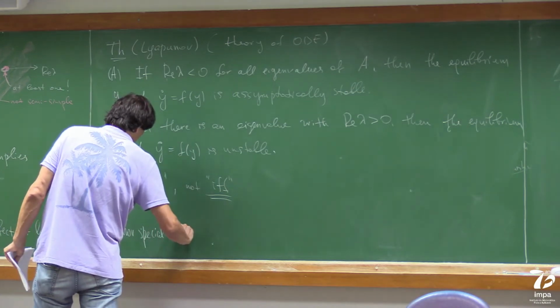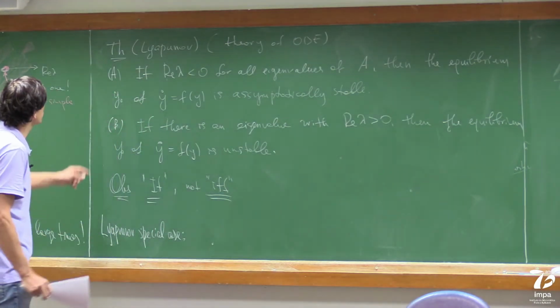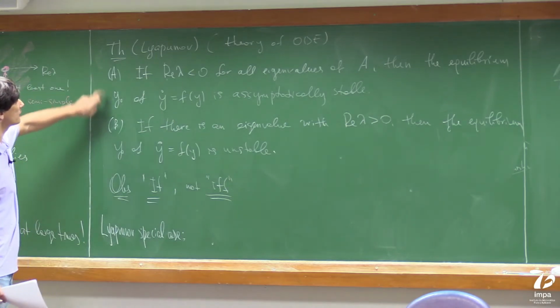So Lyapunov special case is the case where neither A nor B is satisfied.